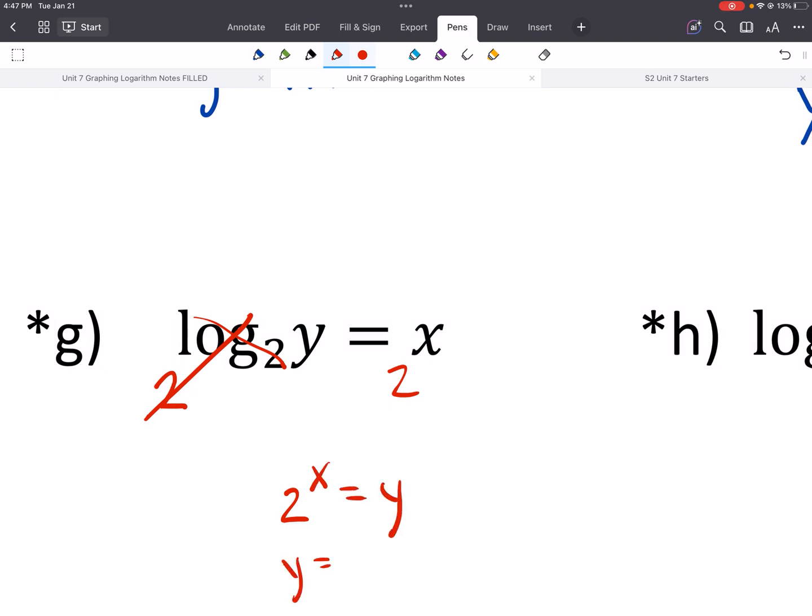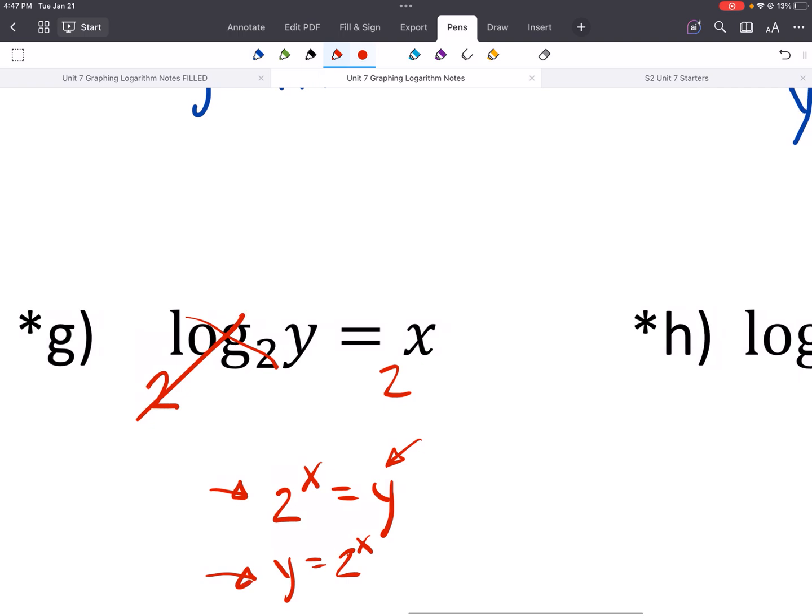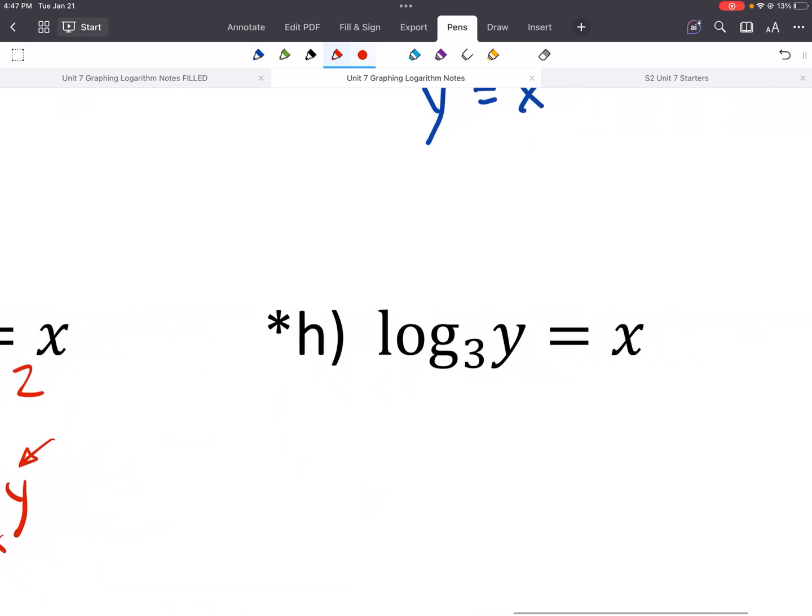You could do y equals 2 to the x. Okay? This is really good when we're trying to solve for, like, if we know what x is, to give us our answer in that order. If we're graphing or writing an equation, oftentimes we'll write it in that way. Okay? So what would be the opposite or inverse of log base 3? Well, that would be base 3.